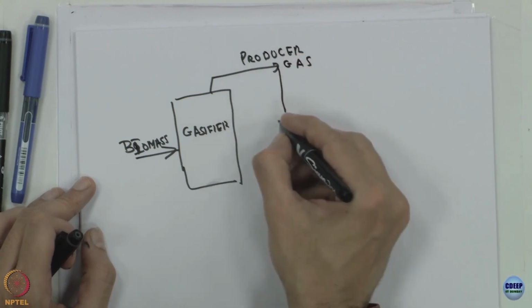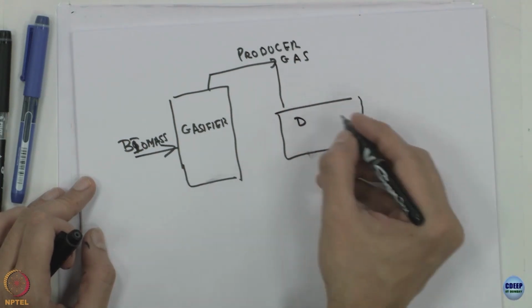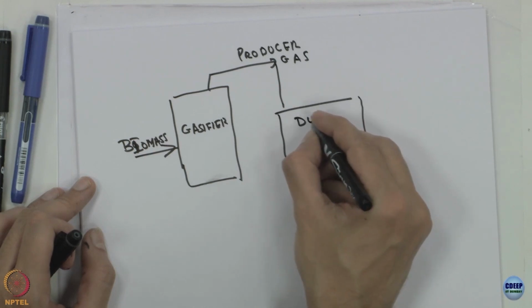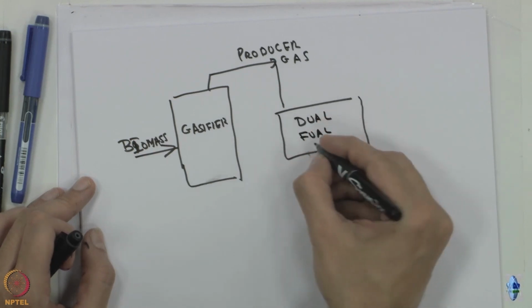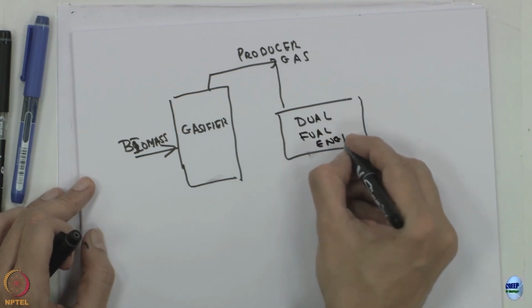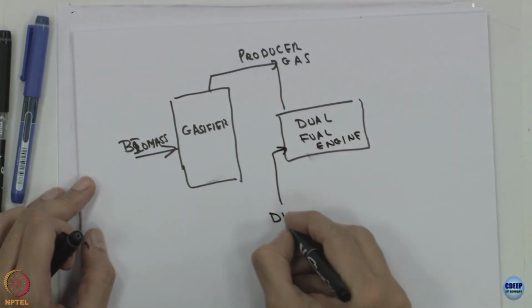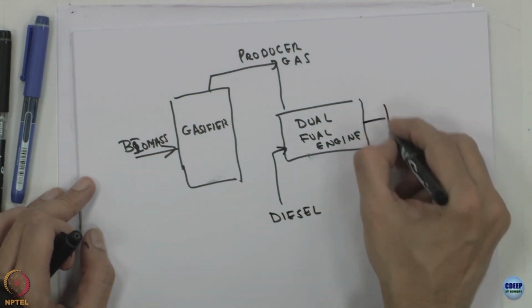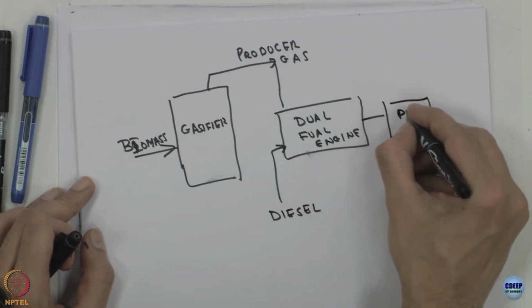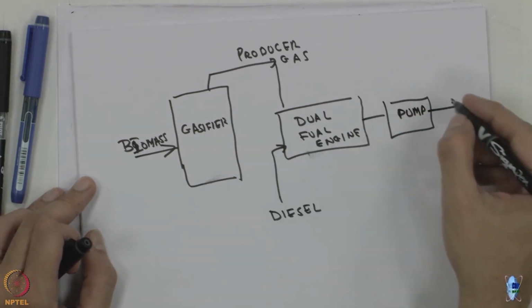This producer gas goes to a dual fuel diesel engine. It could also go to a dedicated spark ignition engine, but the dual fuel engine also consumes a certain amount of diesel, and this is converted to the pump, and this is the energy output.